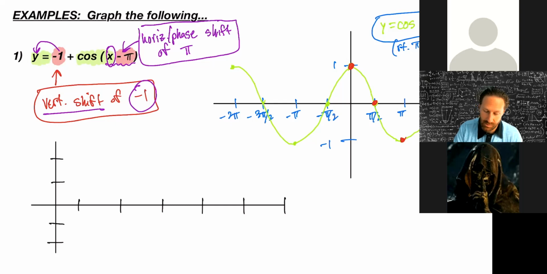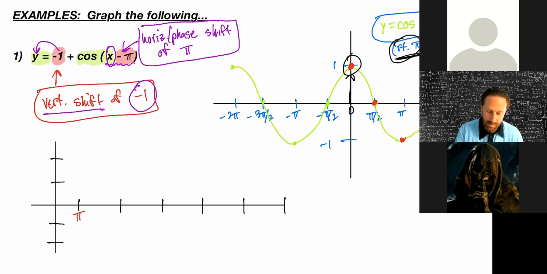Well, it said that we had to shift everything right pi, and we know that we start at 0 normally to get this point. So if I move it right pi, what does that mean my first tick mark should be? Pi. Wouldn't that be cool? Yeah. Can I do that? Yeah. If I want to, but that means I'd have to make everything by pi, right? To keep it even.